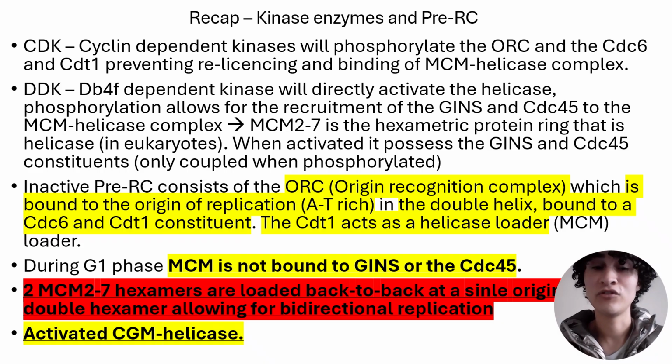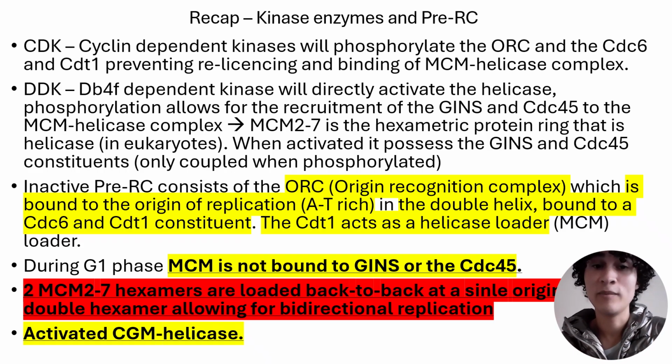So just to recap, CDK, or cyclin-dependent kinase, prevents the relicensing of another MCM2-7 helicase complex, or MCM2-7 dimer, and it does that by phosphorylating the ORC, CDC6 and CDT1 platforms, which remain after D-dependent kinase phosphorylated our MCM2-7 complex to allow that offloading.